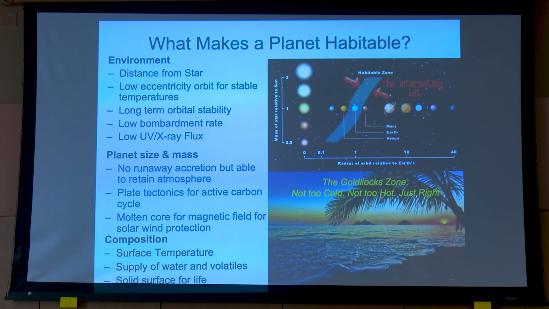In terms of composition, you need a decent surface temperature, so you could have liquid water somewhere. You need obviously to have some supply of water and the appropriate volatiles. And again, some arguments are that you'd like to have at least some solid surface for life so you can get higher concentrations of some of the key molecules.